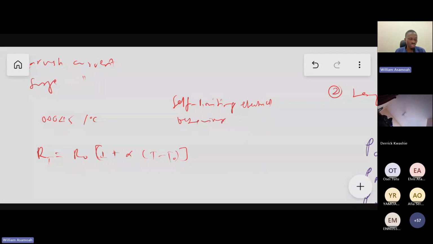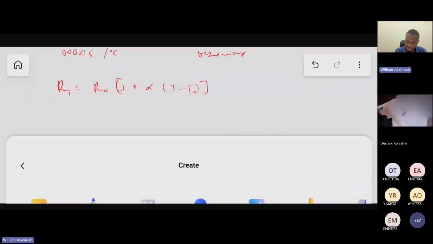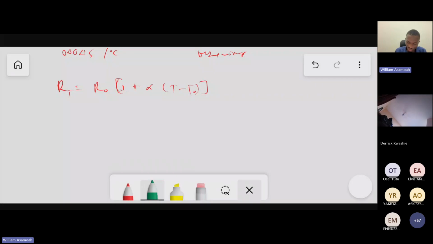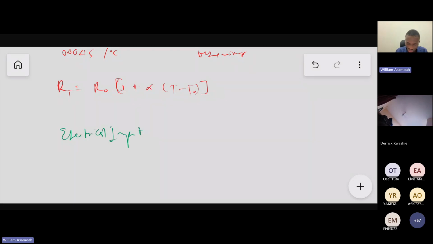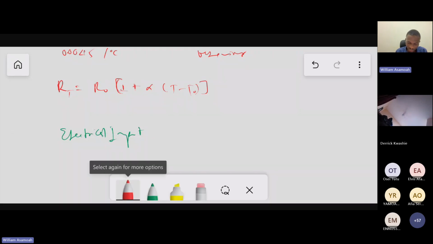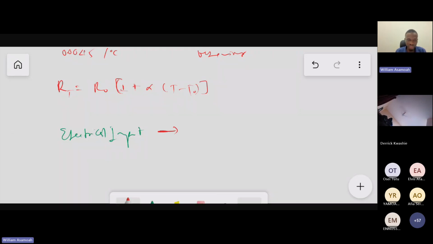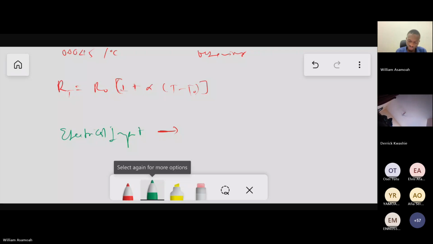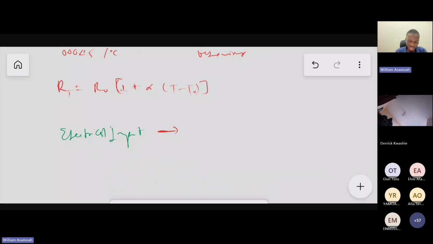Now, the lamp behaves in a certain loop. We first of all have electrical current, electrical input. The electrical input that we gave it at startup determined how much current, how much heat, so thermal response.